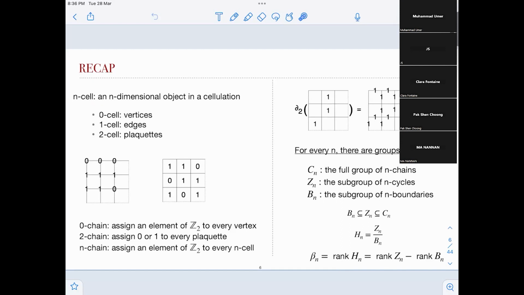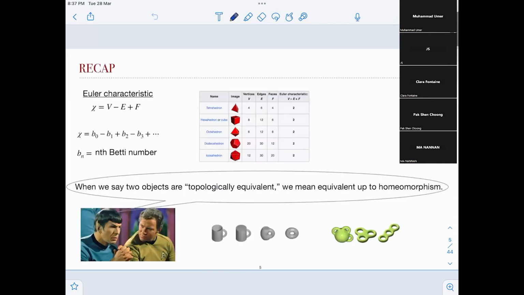Then we discussed this notion of cells. Basically an n-cell is an n-dimensional object in a cellulation. You can think about a soccer ball: on it you have hexagons and pentagons, so that's like a cellulation of the surface. Similarly, you can take a torus or any object and cellulate it with some polygons.